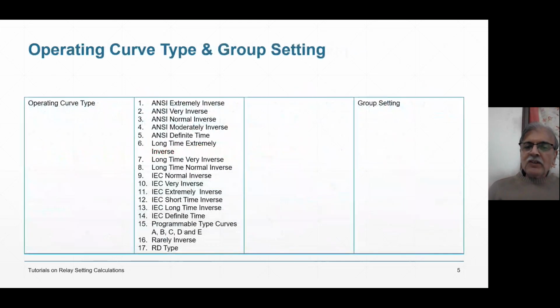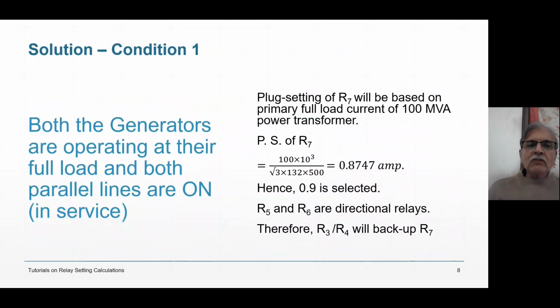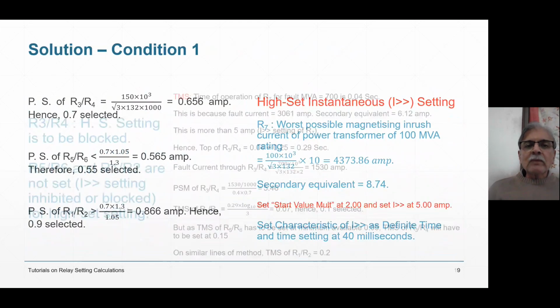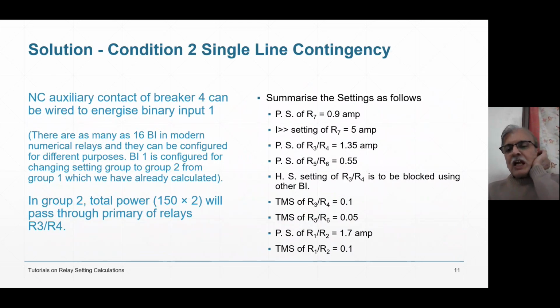So in the second possibility, what I am doing: R3, R4 0.1, R5, R6 0.05. R1, R2, I will have to go for TMS 0.1 because the plug setting of R1, R2 is 1.7 ampere.